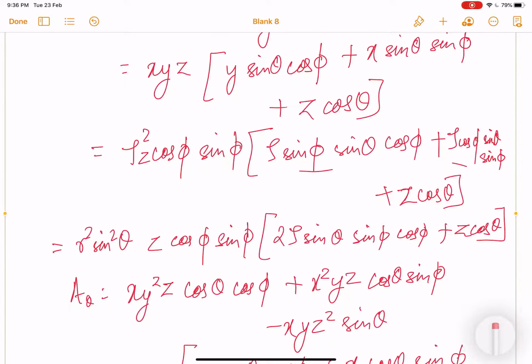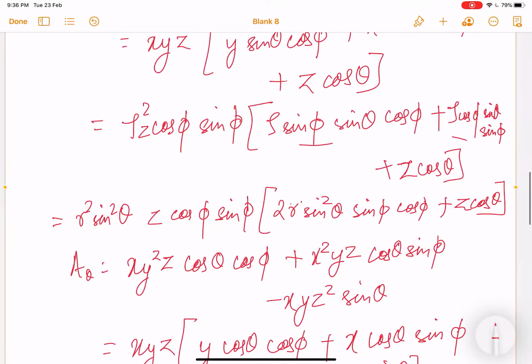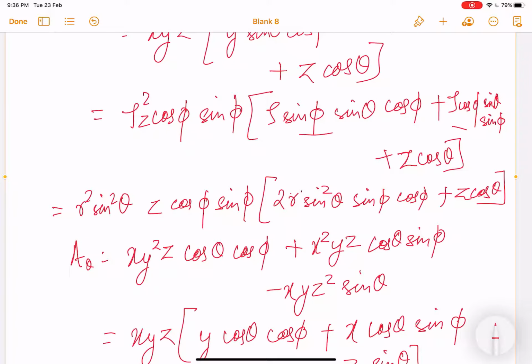Similarly here, in place of this rho I can write r sine theta, and this is r sine theta. Also instead of z I must write r cos theta. Now this is correct.